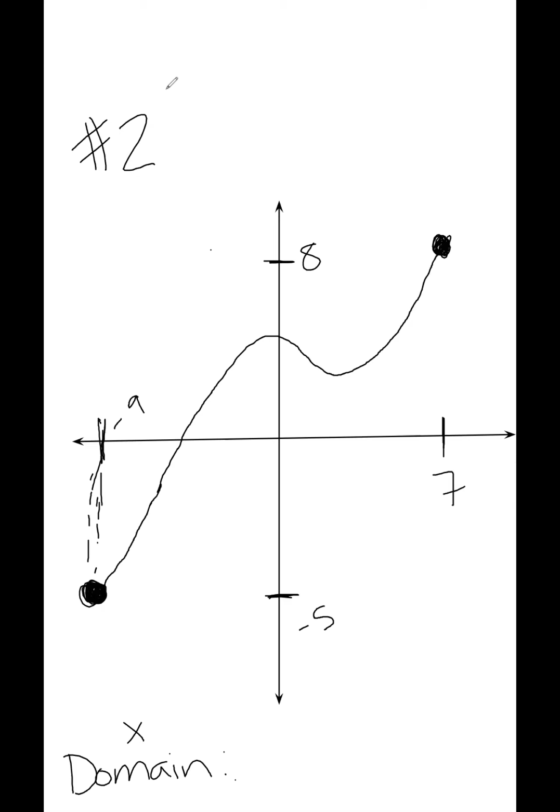Dang, I didn't do a very good job of that. Let me try that again. So we started at the least value, -9, and then we stopped right here. We went dot to dot.